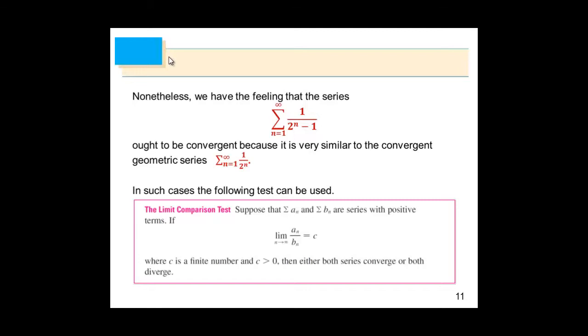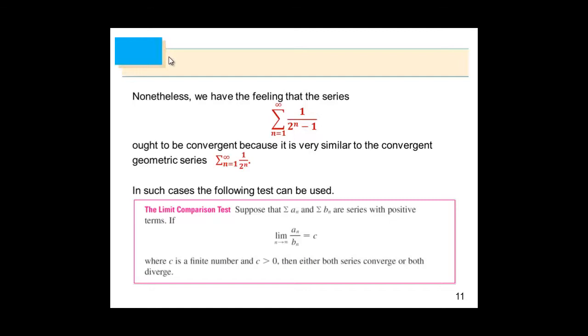So the limit of the ratio of corresponding terms of the two series is the constant c, which is greater than 0. That's what we are assuming. If that's the case, then either both series converge or both series diverge. Am I making sense? If you have two series of positive terms, and this limit is a number greater than 0, then either both of them converge or both of them diverge.